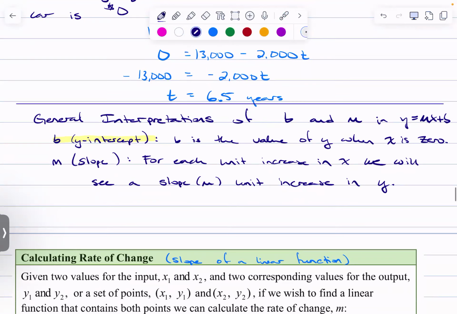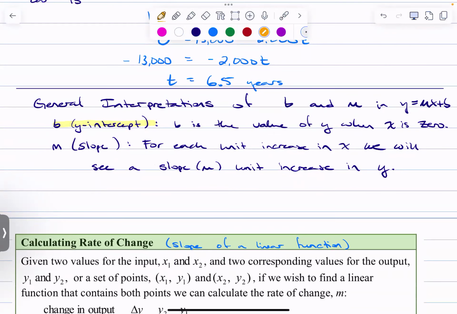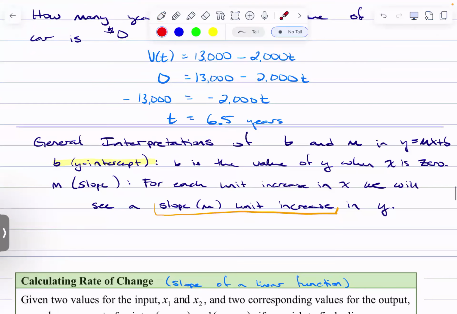But I will make a note, because depending on how comfortable you are, you're allowed to say it's a decrease, but then it would be a 2,000 unit decrease. You'd have to drop the negative.